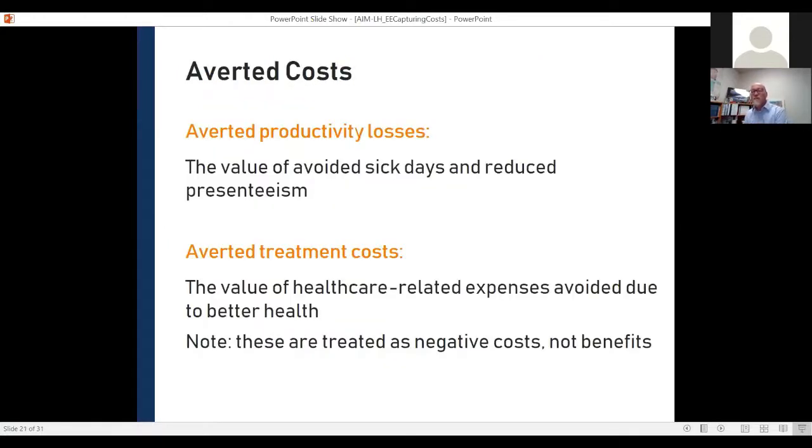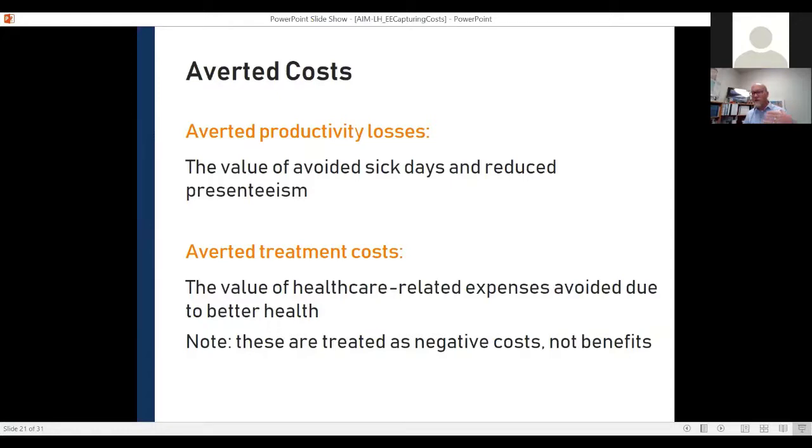So averted productivity losses, I would say this matters most to capture if we're working with employers, trying to encourage an employer to increase a benefit wellness program or coverage for certain health services like diabetes self-management education or diabetes prevention programming or tobacco cessation programming.